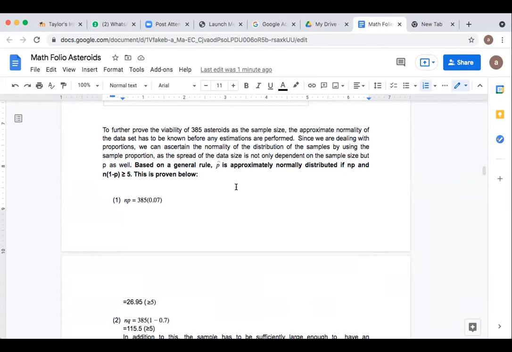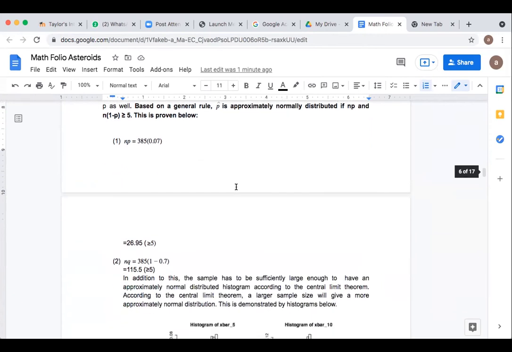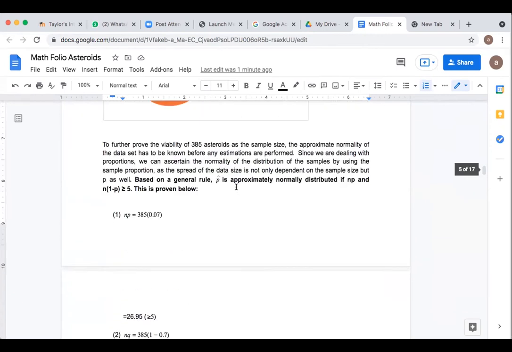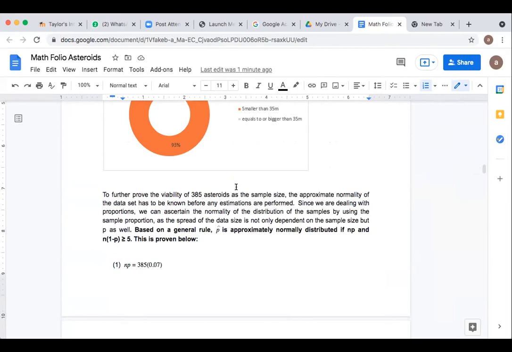So you can put in that NASA maybe chose this because the population of asteroids is too big, so a sample size of 30 is not good enough to give you a precise prediction. That's why they give such a large sample size.